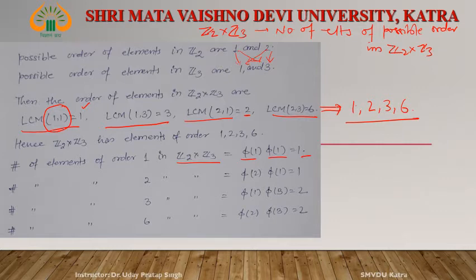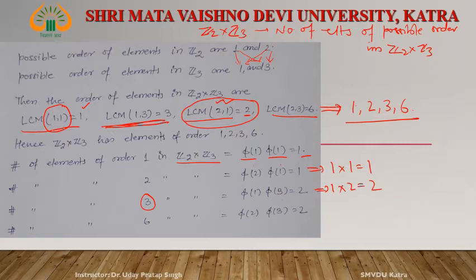Number of elements of order 2 in Z2 cross Z3. Where is 2? 2 is here. Then phi(2) phi(1). What is phi(2)? phi(2) is 1. What is phi(1)? This is 1. Number of elements of order 3. Where is 3? 3 is here. Then phi(1) and phi(3). phi(1) is 1. phi(3) is 2. That is 2.